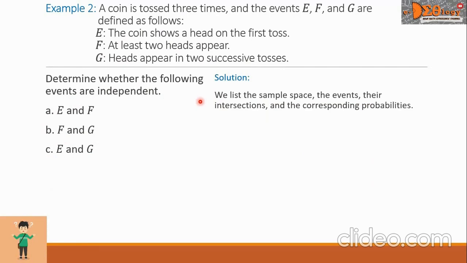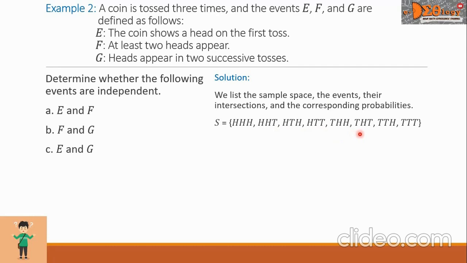For our solution, first we're going to list the sample space, the events, their intersections, and the corresponding probabilities. Starting with the sample space, there are 8 possibilities in the sample space, and these are first HHH and HHT, then HTH, followed by HTT, and then THH.